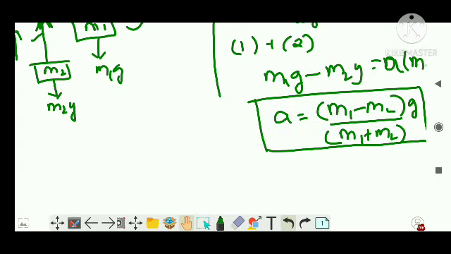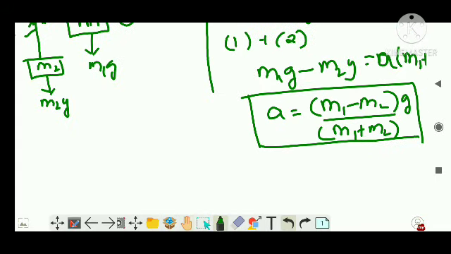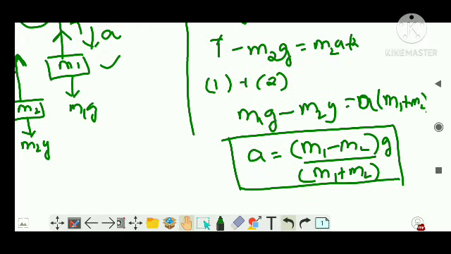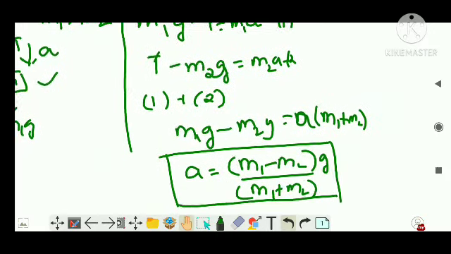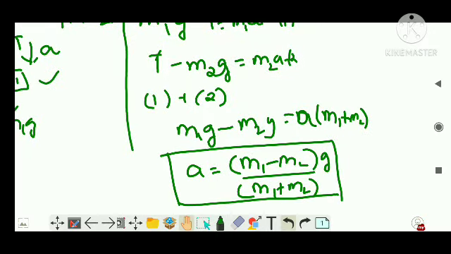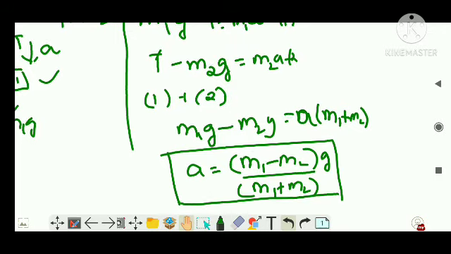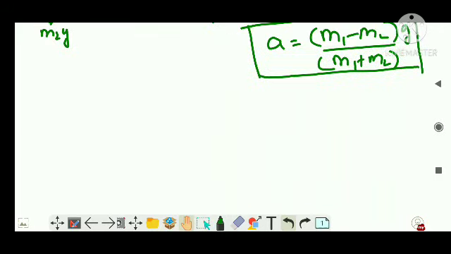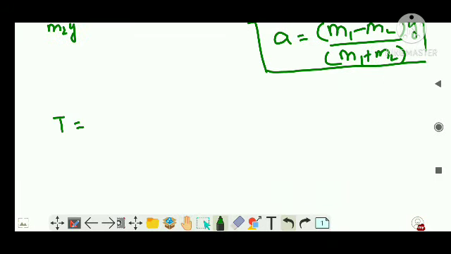How can I find tension? Going with the second equation, can I write tension is equal to m2a plus m2g? Or I can write it as T is equal to m2g plus m2a.